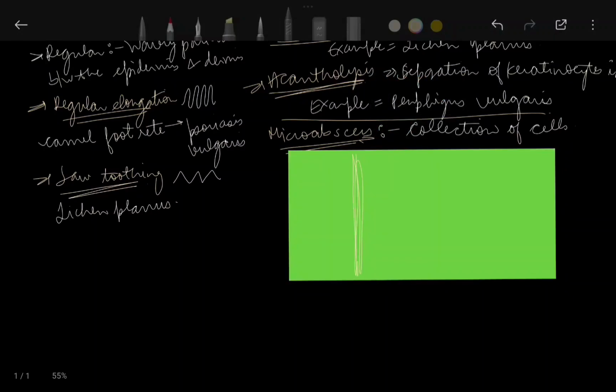In this case the cells can be neutrophils, lymphocytes, or eosinophils. In microabscess, if they are neutrophils in rete ridges, they are seen in psoriasis and in dermatitis herpetiformis.